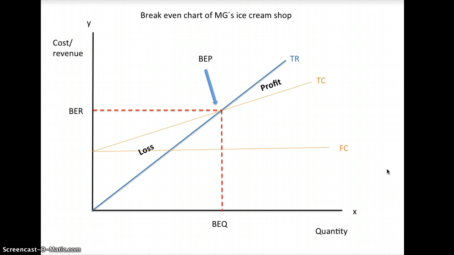Okay, and why is this important? Well, a break-even analysis is important for every firm, especially for new firms that are entering a market and need to cover their costs. So the first objective of this new, small firm is not to make profit, but to cover its costs and stay stable in the market.